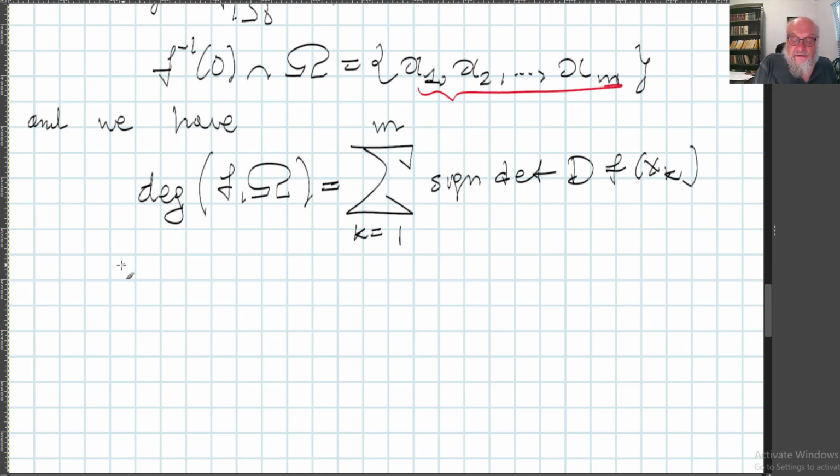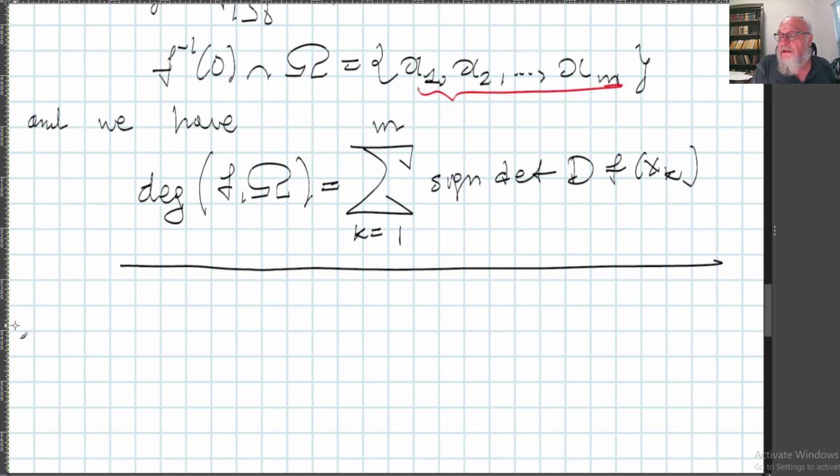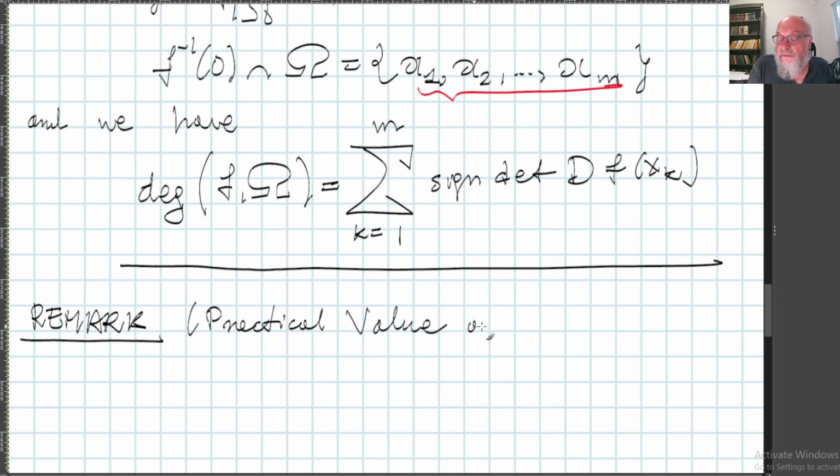And this theorem has practical connotations. Namely, let me make first just a simple remark before we continue. Remark: the practical value of the analytic formula.